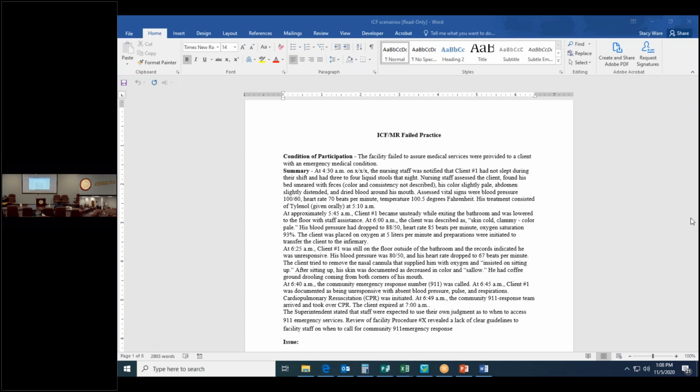At 6:25 a.m., client 1 was still on the floor outside of the bathroom, and the records indicated he was unresponsive. His blood pressure was 80/50, and his heart rate dropped to 67 beats per minute. The client tried to remove the nasal cannula that supplied him with oxygen and insisted on sitting up. After sitting up, his skin was documented as decreased in color and sallow. He had coffee grounds drooling coming from both corners of his mouth.